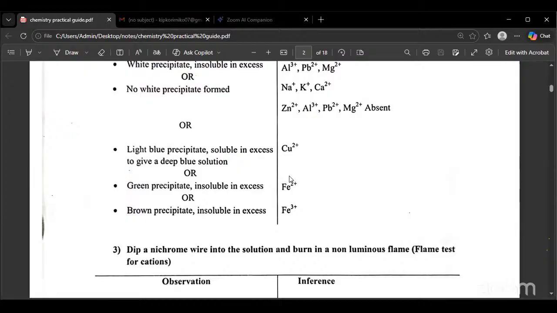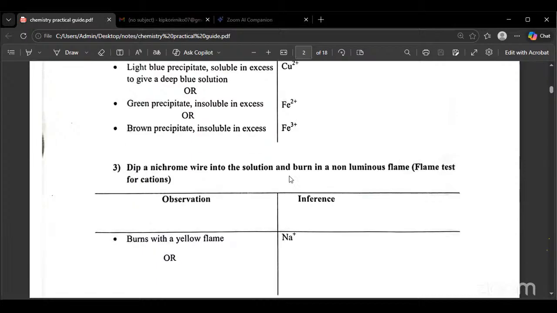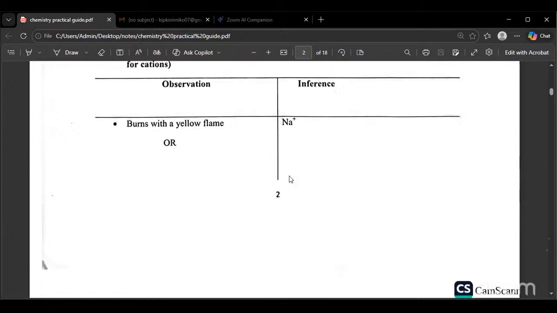The reason why you must have the blue flame is because some of the colors produced could be the same as the luminous flame. So the observation: burns with a yellow flame, sodium ions. So we have sodium ions as number 1, which burns with a yellow flame.